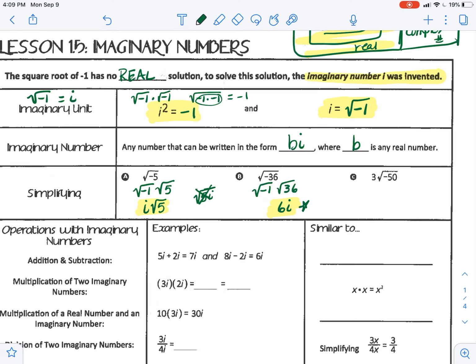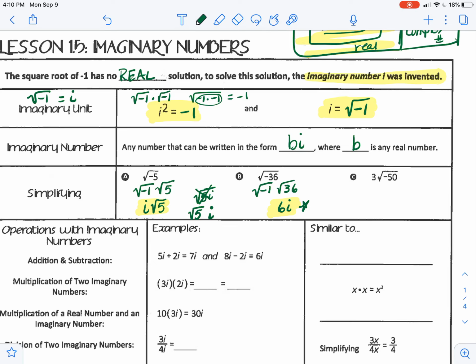That's the only reason. If you can write it very carefully and put your i out here so it's very distinct, that would be the correct way of doing it. But I find the kids get in a hurry and the radical symbol comes too far over. So please write it, if you have a radical, with the i in front.